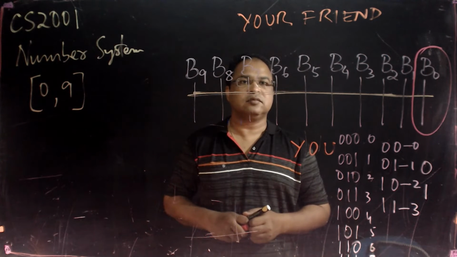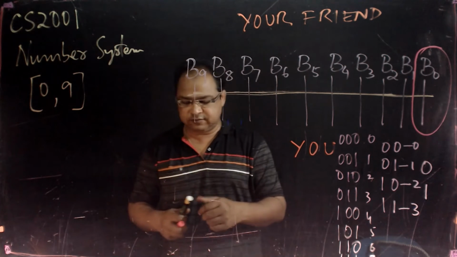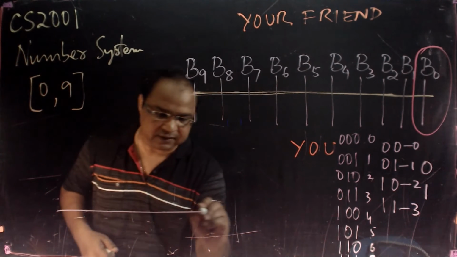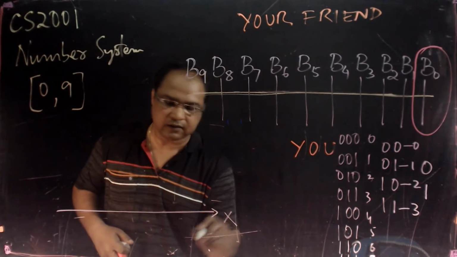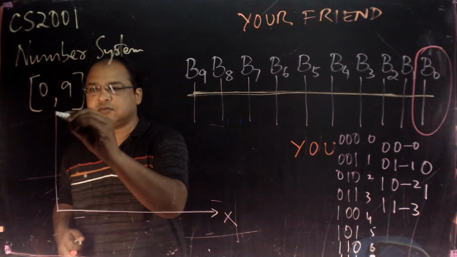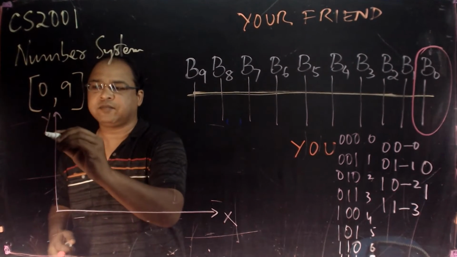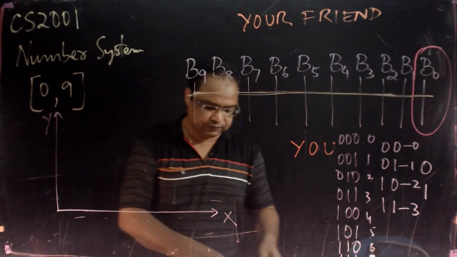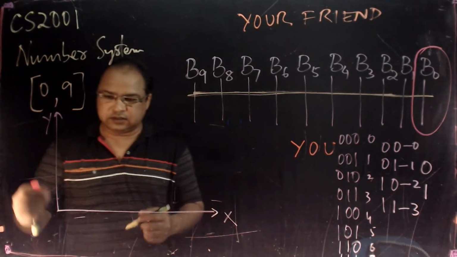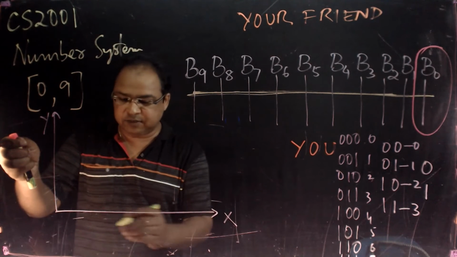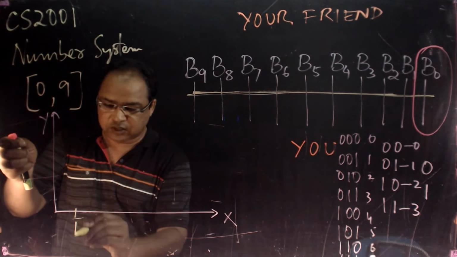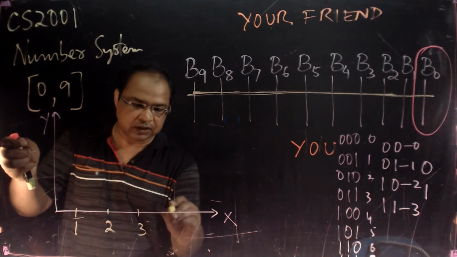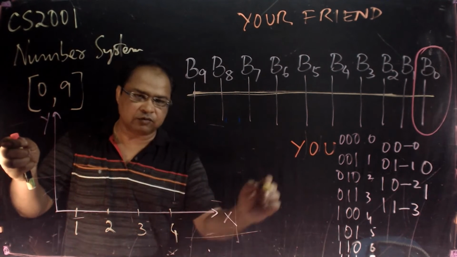So let me draw a graph. I'll have an x-axis, I'll have a y-axis. In the x-axis, I will put the number of decimal digits, that is 1, 2, 3, 4, and so forth.